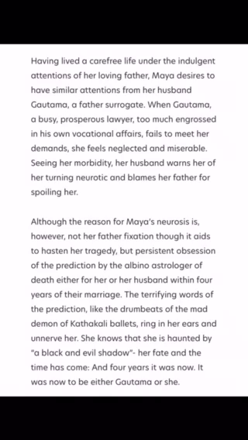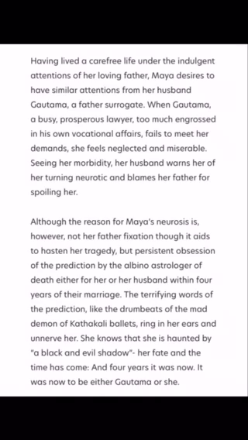So, although the reason for Maya's neurosis is not her father fixation alone, though it aids to hasten her tragedy, the reason behind her tragedy is the continuous and incessant obsession of the prediction by the albino astrologer that either she or her husband would die within 4 years of their marriage.